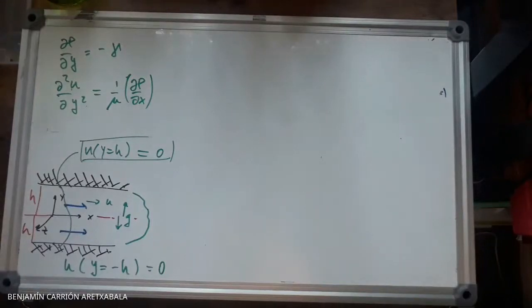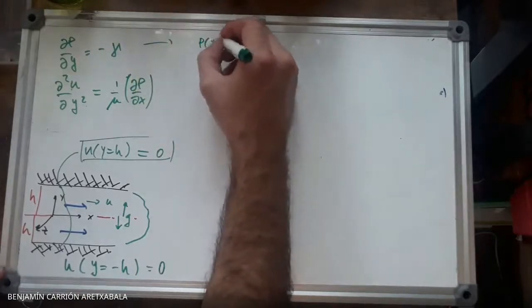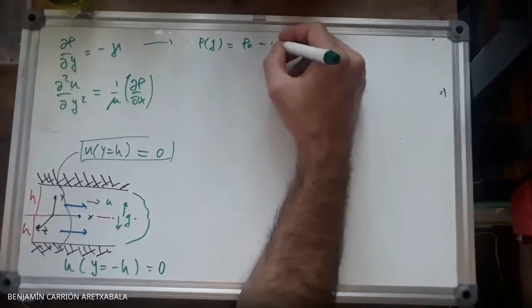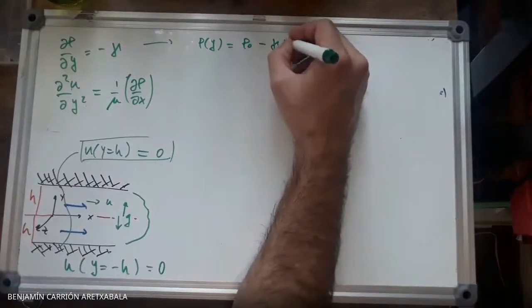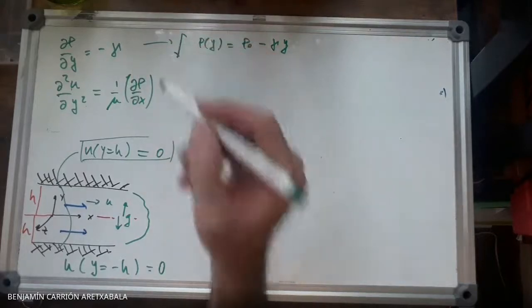So yeah, we know the pressure from here. The pressure is going to be a function of y. So it's going to be a pressure at some point minus gamma y, right? This is just integrating this over y.